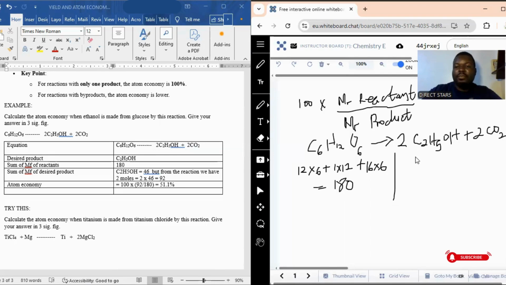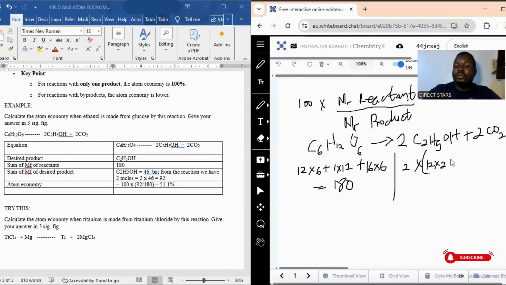So let's move on to getting the desired product. For the desired product, we have 2 times, for carbon, we have 12. So that's 12 times 2. The reason why I place this 2 times here is because we have 2 moles of ethanol.